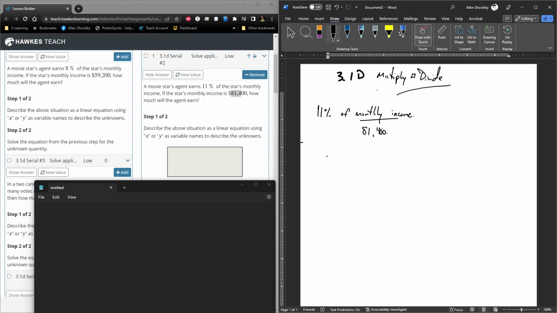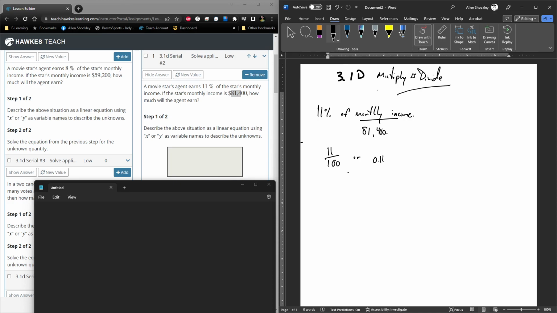So for the equation, we can either say that we have 11 over 100 or 0.11. Both of those mean the same thing. 0.11 is the same thing as 11 over 100.